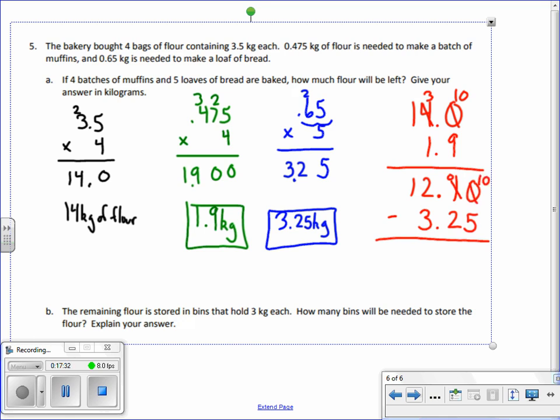This becomes a 10. Makes that 5. We cannot do this. Becomes a 1. That becomes a 10. An 8. 1 becomes a 0. That becomes an 11. Okay, so we end up with 8.85, and that's kilograms of flour left.